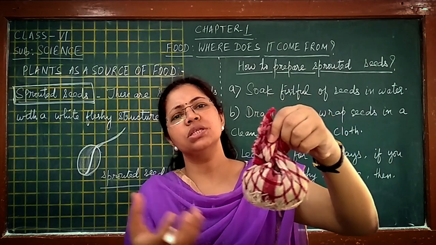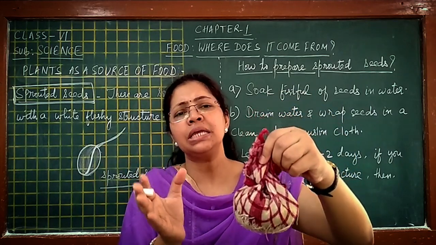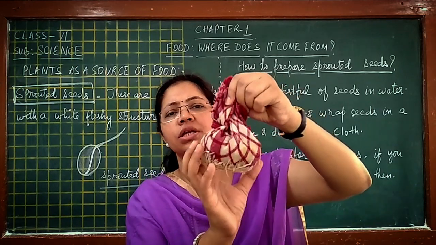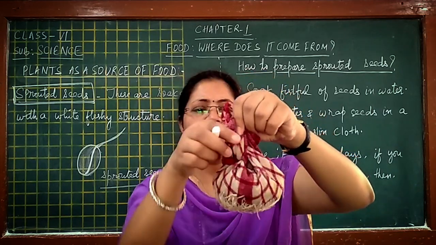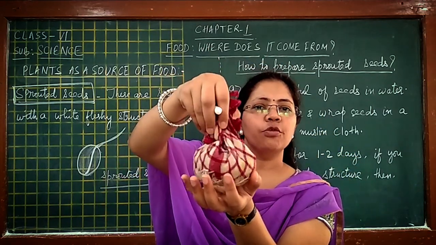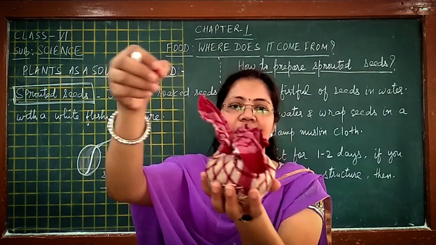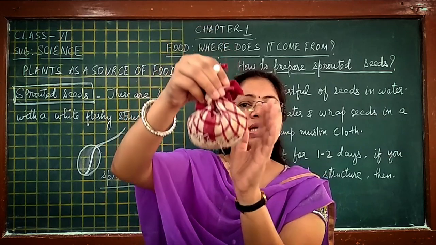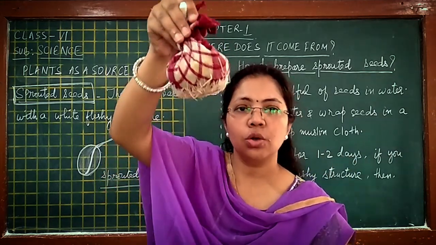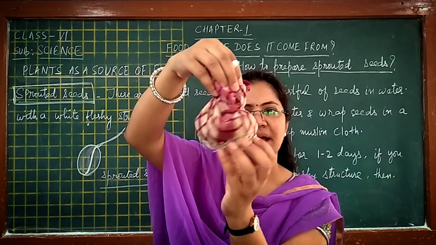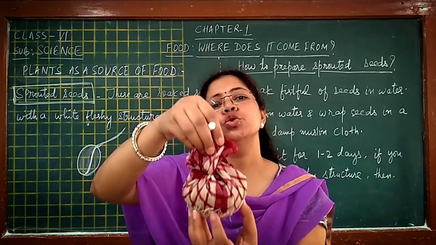If muslin cloth is not available, any clean and safe cotton cloth will also work. Put the soaked seeds in it and tie the knots like this. Now keep the soaked seeds tied in this cloth for 1 to 2 days.